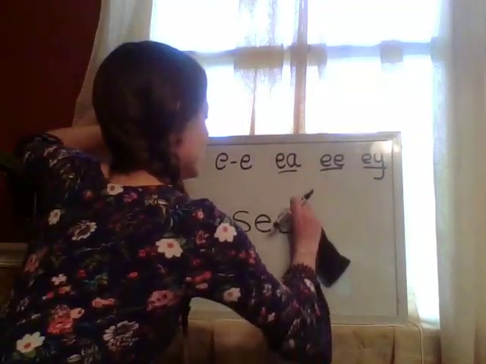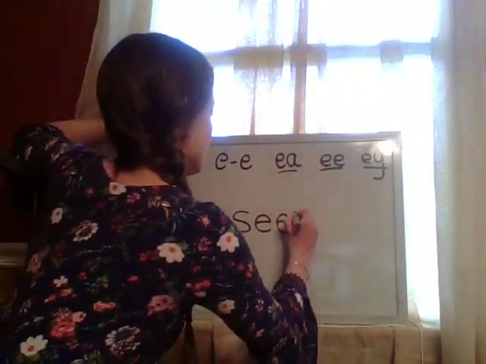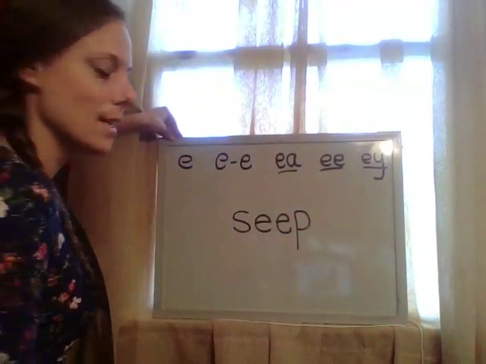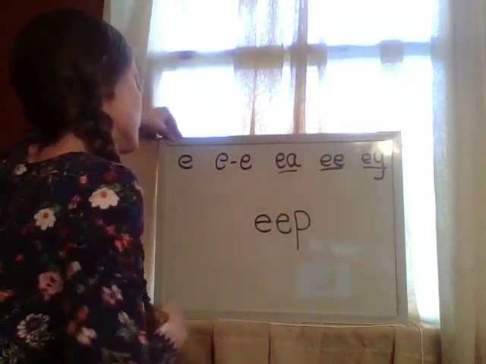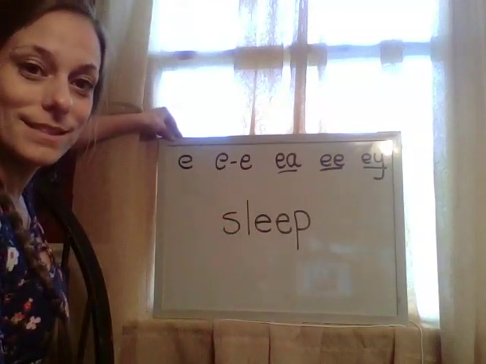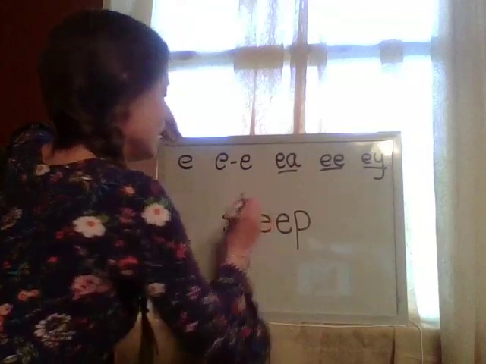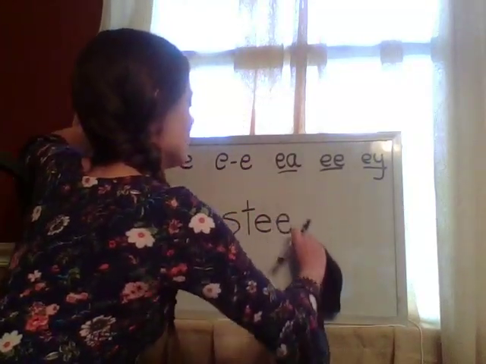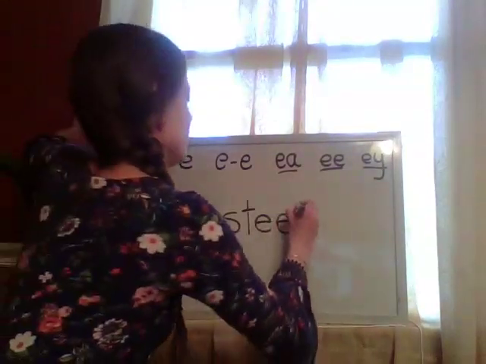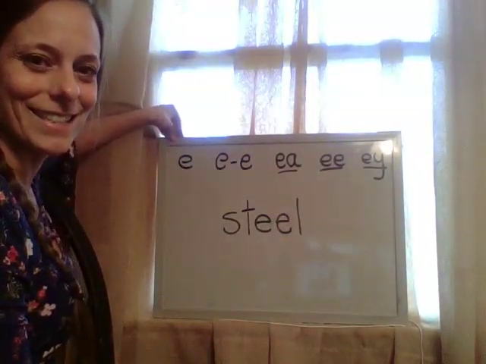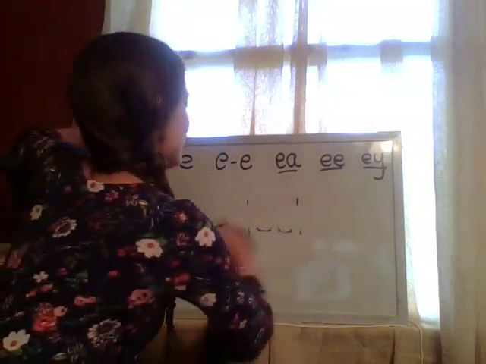Seen. And change my N to a P. What's my word? Seep. What if I were to put a blend here? Sleep. And change this to a T. Steep. And change this P to an L. Steel. Excellent.